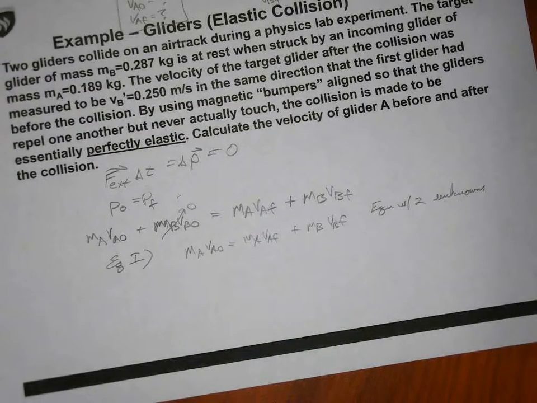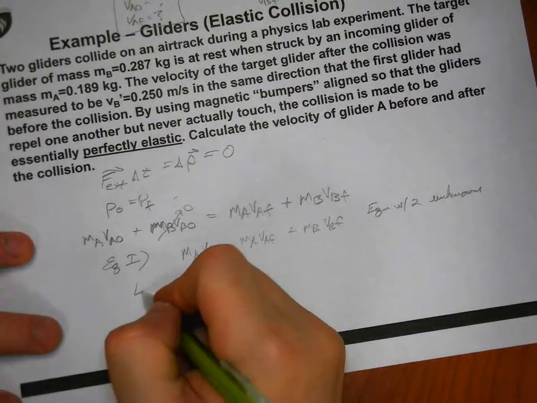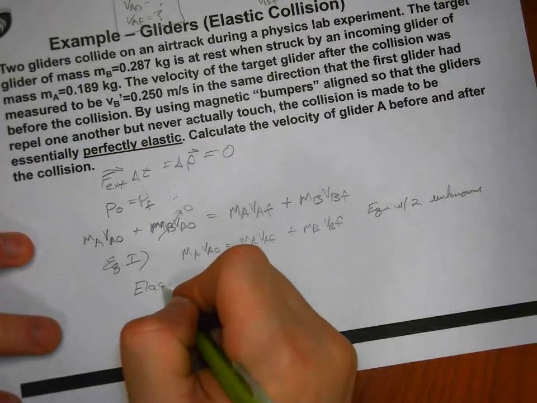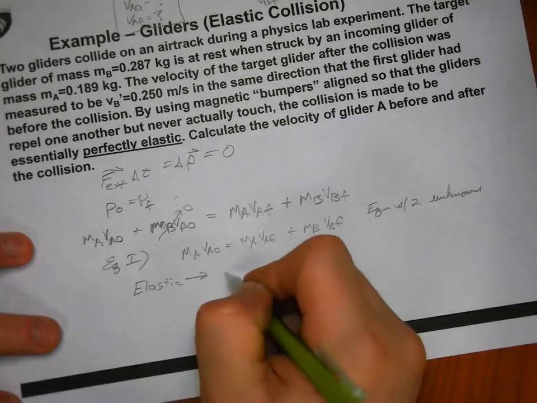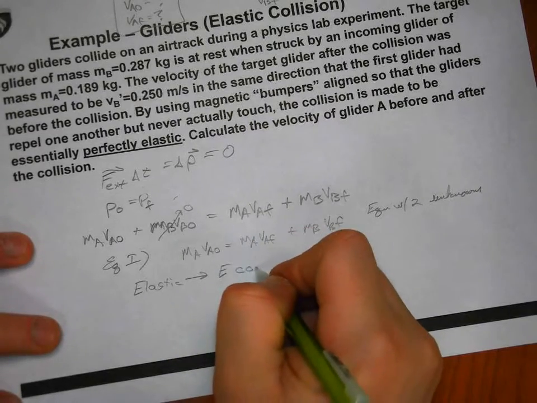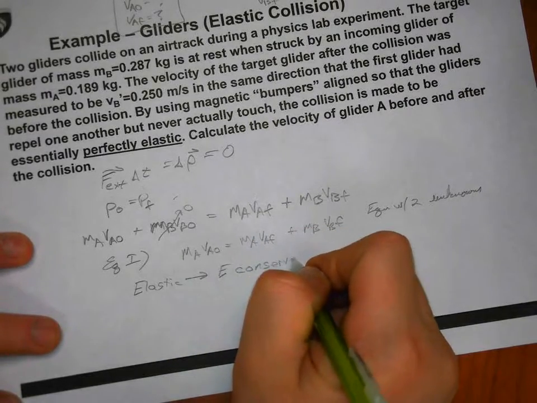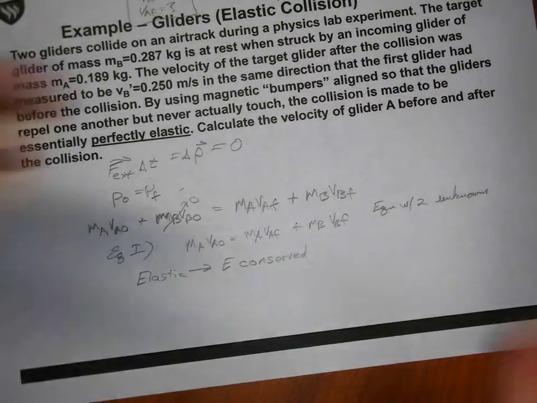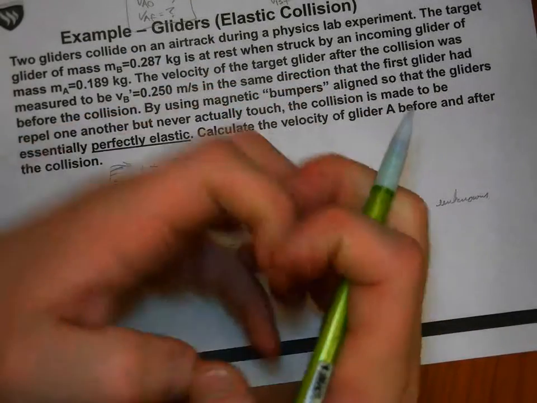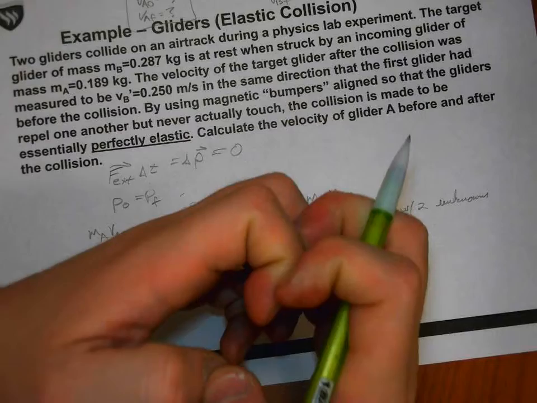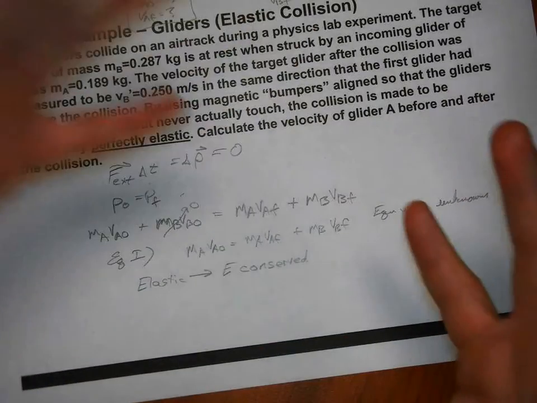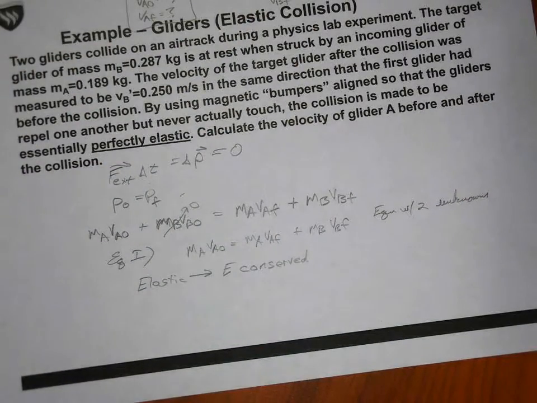What does a perfectly elastic collision mean? Well, elastic means that energy is conserved. If the two were to run into each other and kind of crinkle and stop or whatever, that crinkling of the material is going to absorb a lot of energy.